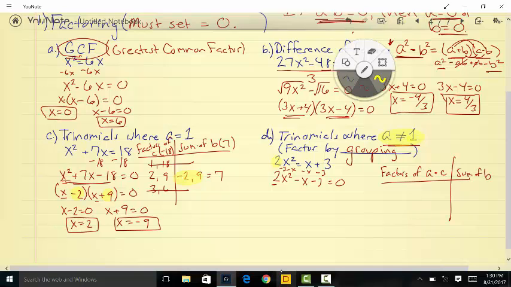So in this case, a is 2 times c is negative 3. So you have to find the factors of negative 6 that have a sum of negative 1. The value in front of this x would be a negative 1. So the factors of 6 are 1 and 6, 2 and 3. We can't make a 1 with 1 and 6, but we can make a negative 1 if we use a 2 and a negative 3.